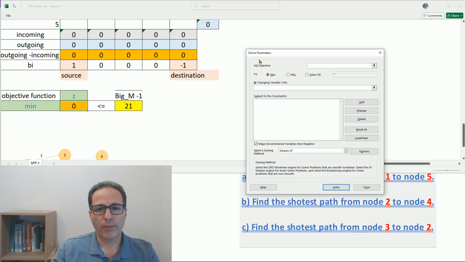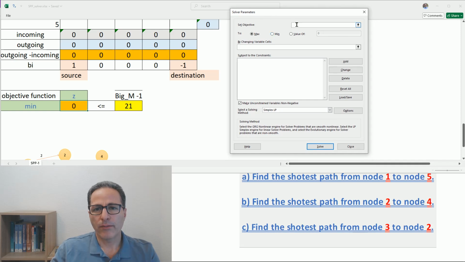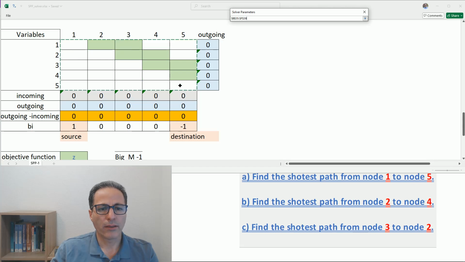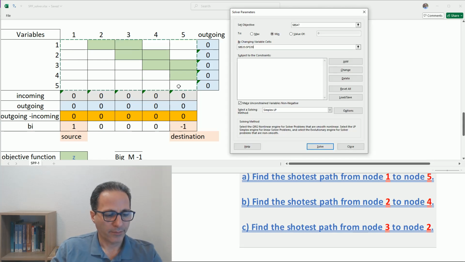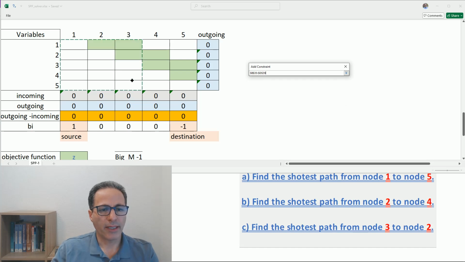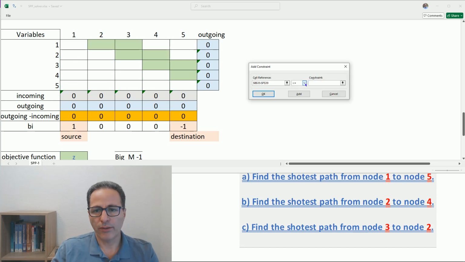Now we open the solver. We want the objective function here. We want to minimize the objective function. Changing variables are here. Now we want to add the constraints. What constraints do we have? First of all, we say that Xij's are 0 or 1, so they are all binary. We can say integer, but since they are 0 or 1, we select binary.